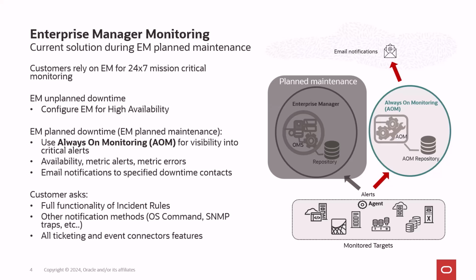Customers using AOM have, however, asked us for additional functionality, including all of the capabilities of incident rules and support for all other notification methods, such as SNMP traps, and integration with ticketing and event connectors.